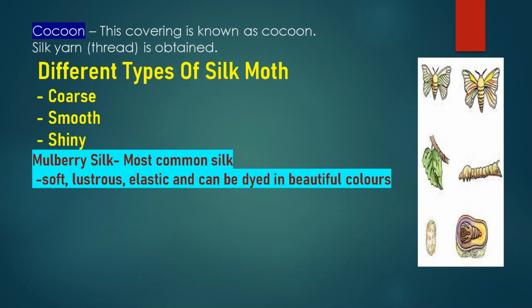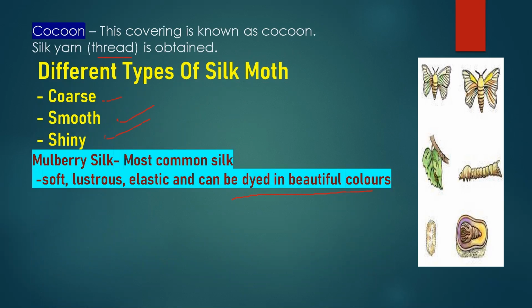Now the whole covering, when it covers itself, is known as a cocoon. And now we will get the thread, the silk yarn. Now we have different types of silk moths, coarse, smooth, some shiny. As a result we get different types of silk: some are soft, some are lustrous, some are elastic, and they can be dyed in beautiful colors.